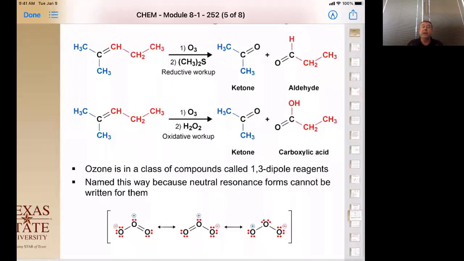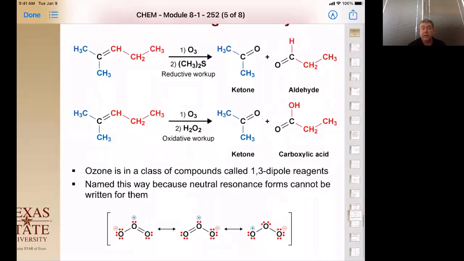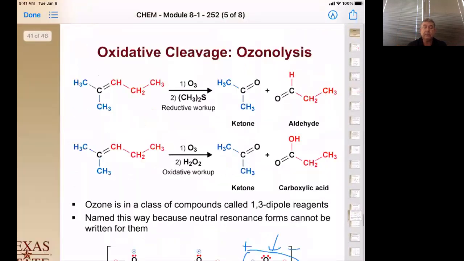Sometimes, in one of its resonance structures, the charges are spread as far apart as possible, and we have what we call a 1,3 dipole reagent, meaning we have a positive side and a negative side, and those are permanent charges on the two ends of the molecule, okay? That gives rise to its reactivity. We're going to have to remember this resonance structure when we talk about the mechanism of the reaction. But let's talk about the outputs of the reaction.